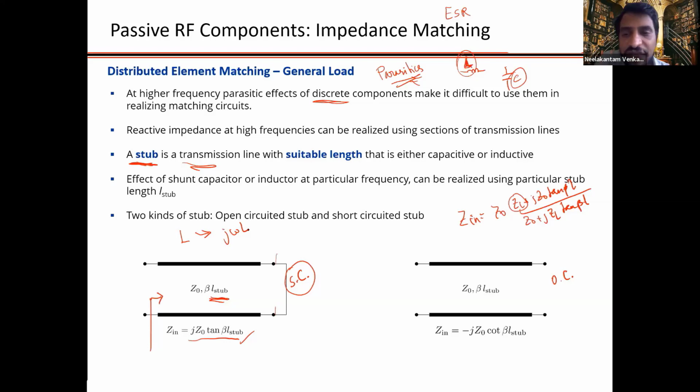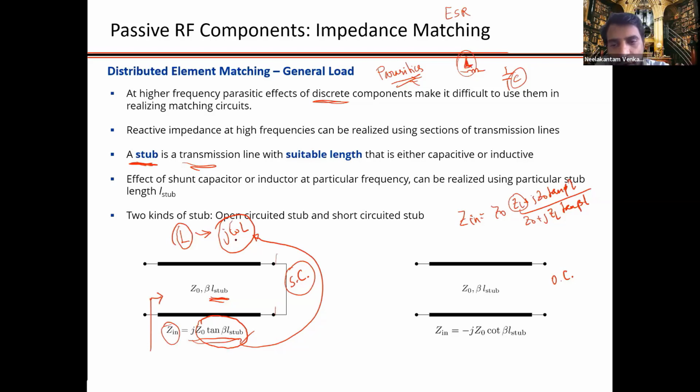So for matching, if I require a certain reactance of j omega L, I need not have a discrete component L, but instead I can have a transmission line which has the same effect as j omega L, because even this input is j omega something.